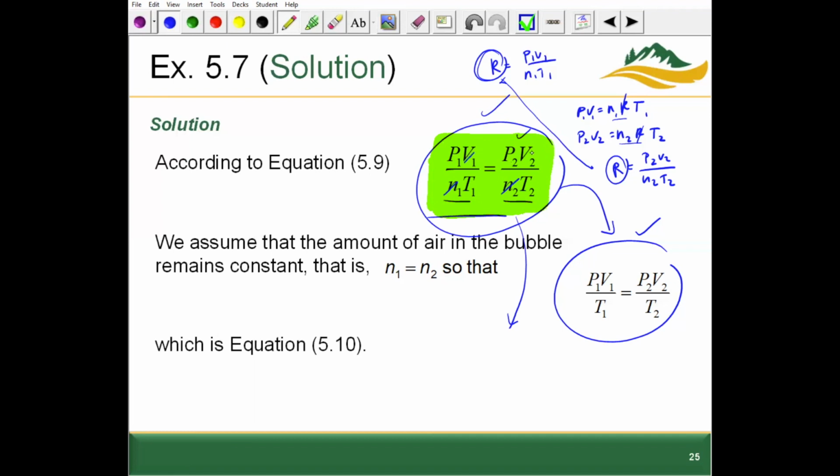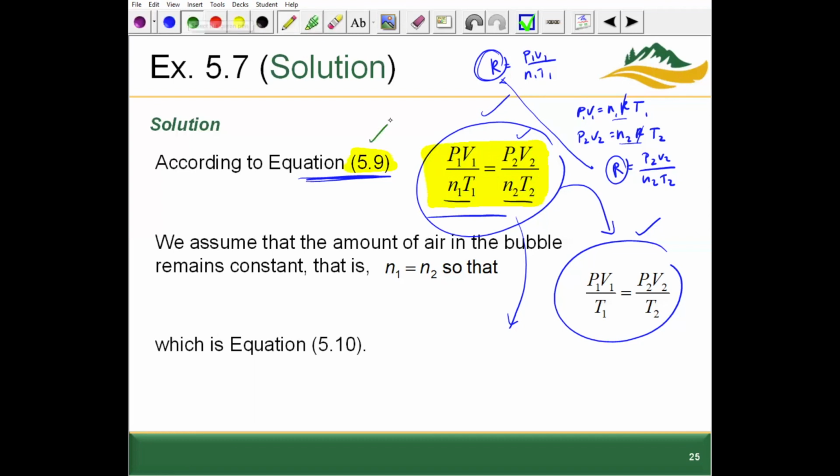If volume is constant as well, then we can get this relationship between pressure and temperature. So really using this equation 5.9 could be helpful as long as you're comfortable canceling out what you need to cancel out and using what variables remain for your problem.